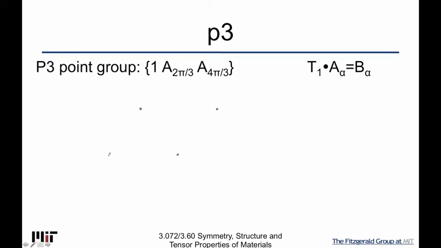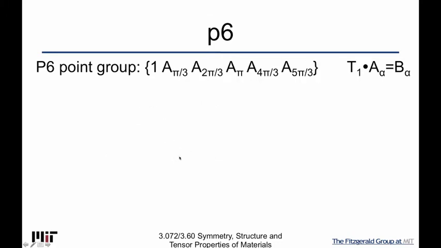So that's what I'm trying to do. You recall, in this case, the translation vectors look like this. There's 120 degrees here, and the same over here.